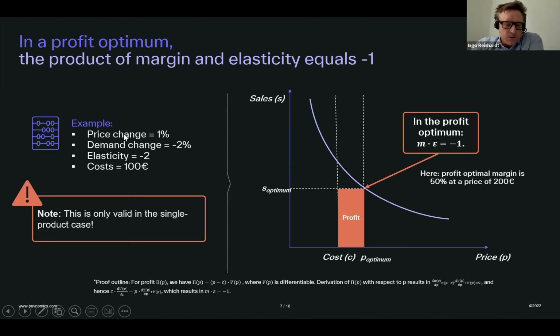Okay, and it's important to note, this is only true if we're only selling a single product. If we're selling, let's say, a portfolio, good, better, best, then of course this equation isn't true anymore.